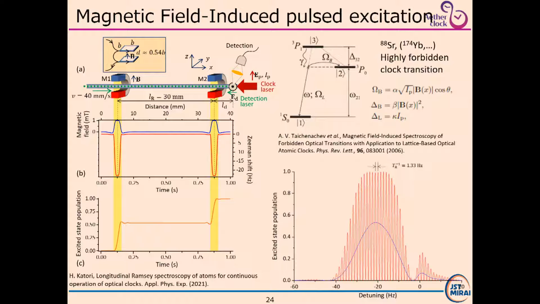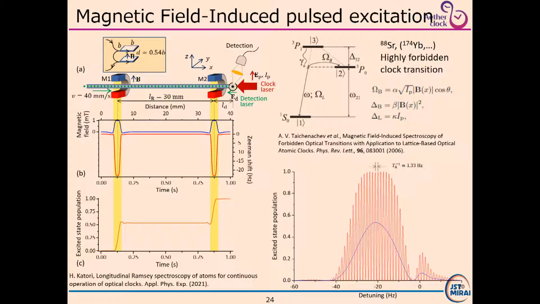We assume 88 strontium, for example, which has a highly forbidden clock transition. And we place 2 magnets here and there. We assume lattice-trapped atoms moving at some velocity. If the atom crosses this magnet, it mixes the clock upper state and the dipole-allowed state and gives a finite transition moment for the atom, then it gives a pi over 2 pulse.